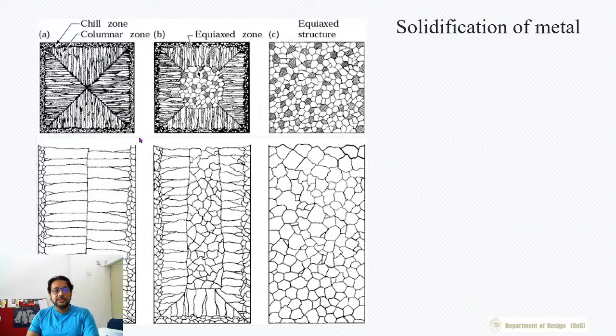Now imagine at a stage in time when it is cooling, this outer layer has solidified, so it becomes like an insulating layer for the molten material to lose heat to the outside.